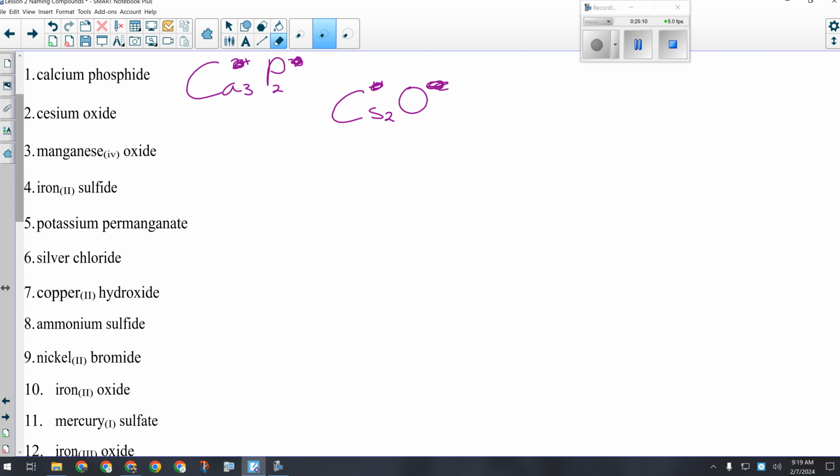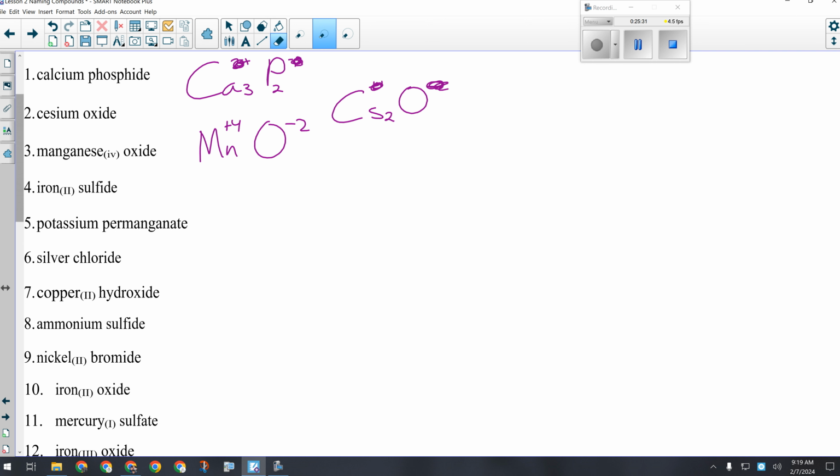All right, number 3, first one that's got a Roman numeral. What does the Roman numeral tell me again? It tells me the charge to use in the drop and swap. So I'm going to have manganese, which is Mn, and the Roman numeral tells me this is the +4 kind. And it is with oxygen, which is a -2.